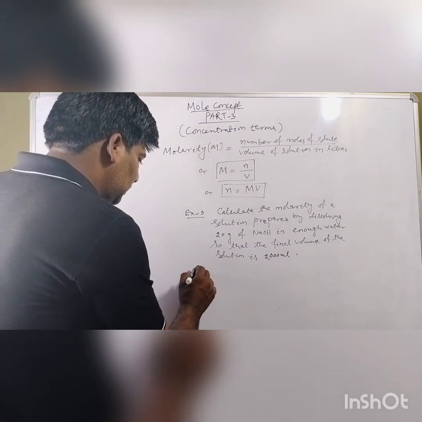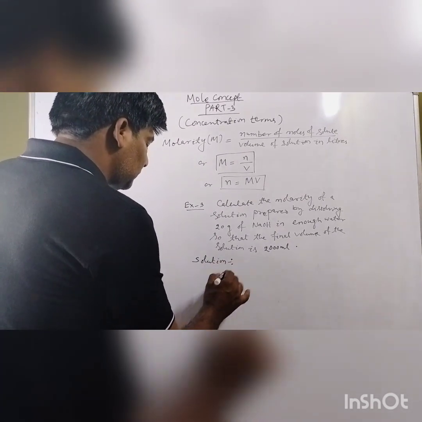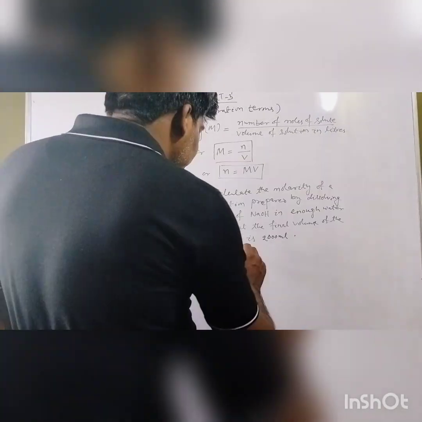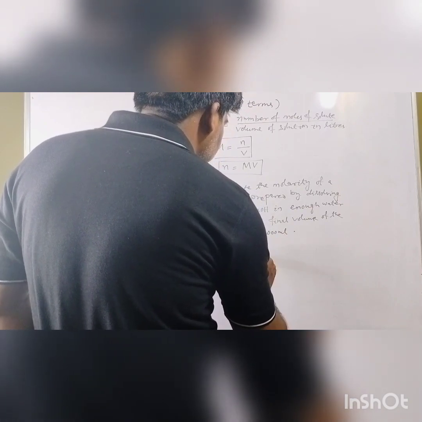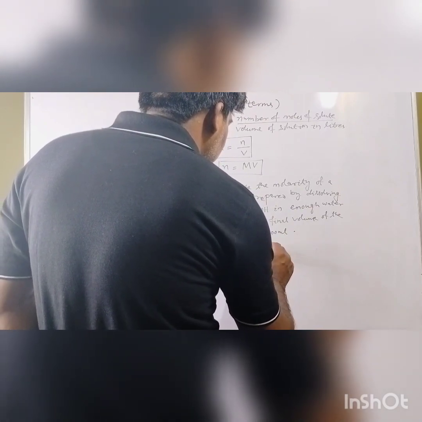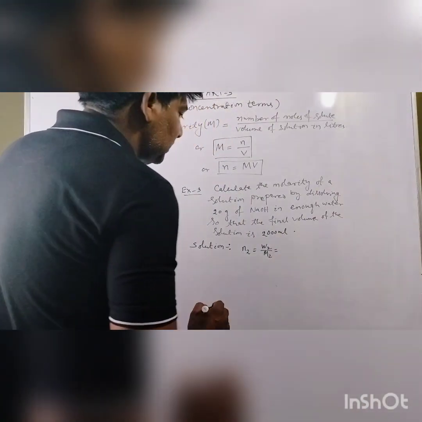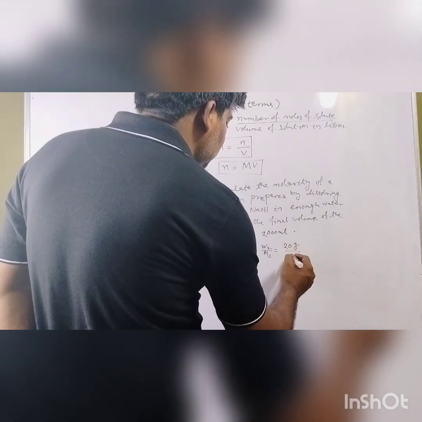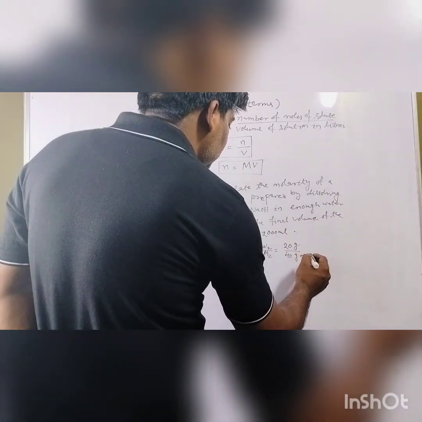So first we have to calculate the number of moles of solute. So here number of moles of solute N2 is equal to W2 by M2. That is 20 gram by molar mass, 40 gram per mole.